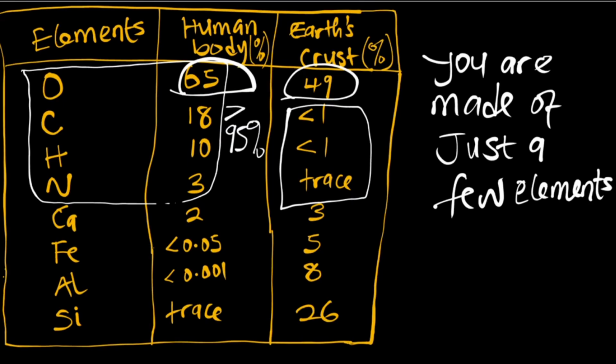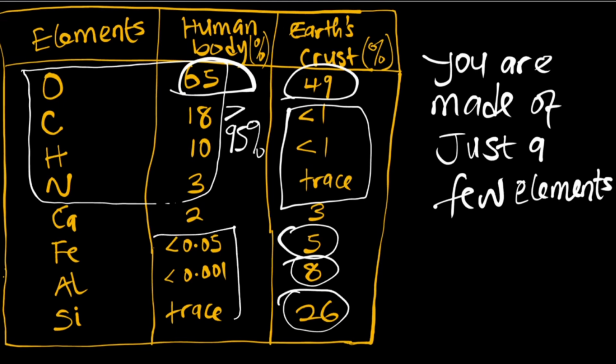In contrast, silicon, aluminium, and iron are dominant in the earth crust, but not a major component in living organisms, for example, the human body.